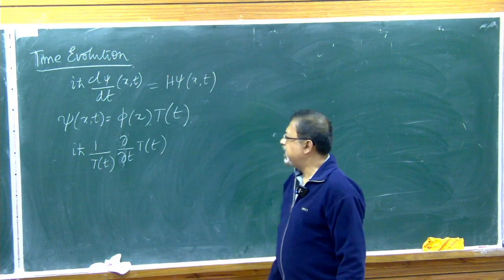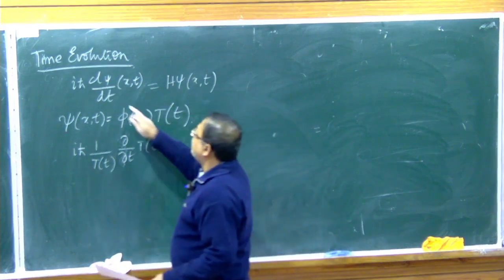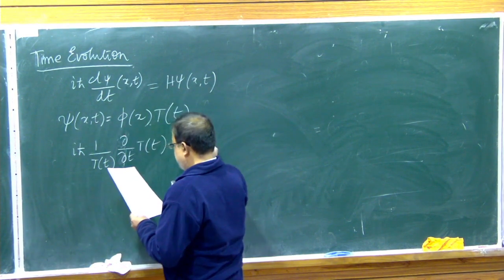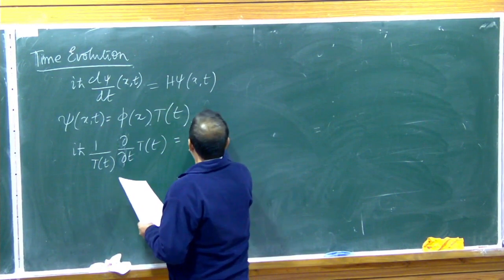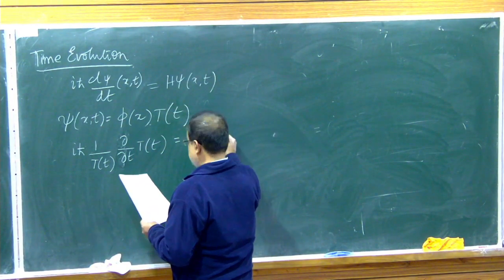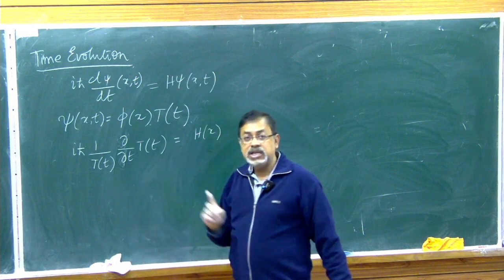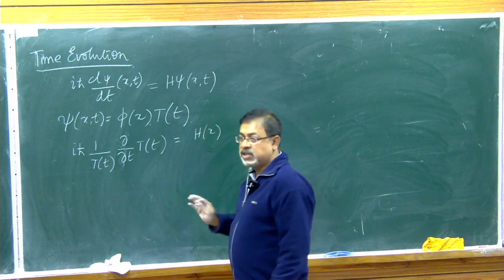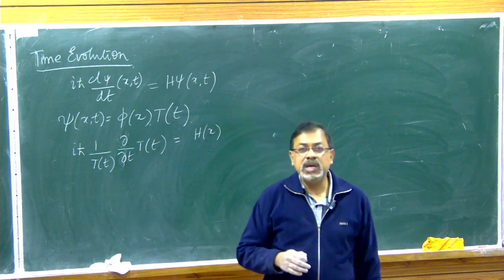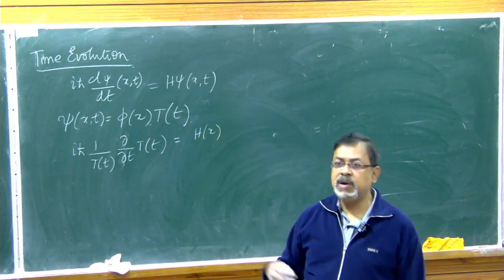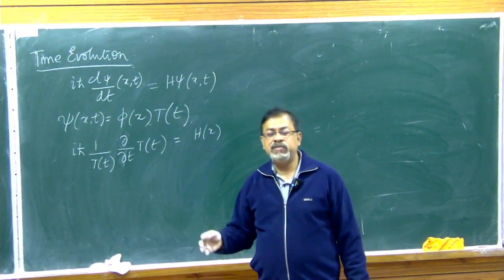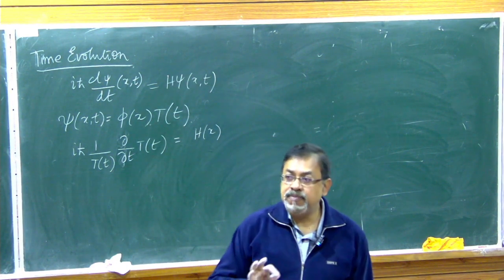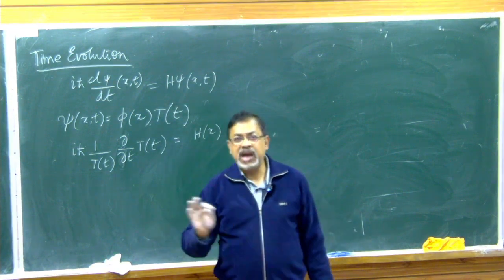So it's 1 by T del t of T, because the t derivative doesn't touch the x, and we have H of phi, which is a function of x. This is an assumption. H is not a function of t. If H is a function of t, then this method fails. Most of the time we see that H is time independent, which is p square by 2m plus V of x, and nowhere have we seen that V of x is a function of t, excepting for those electromagnetic potentials.